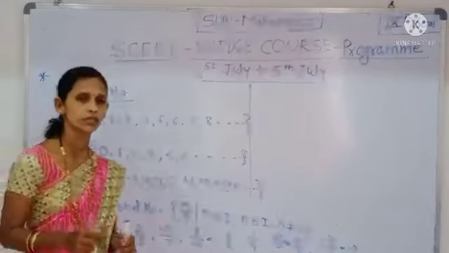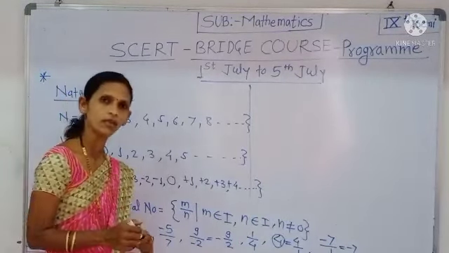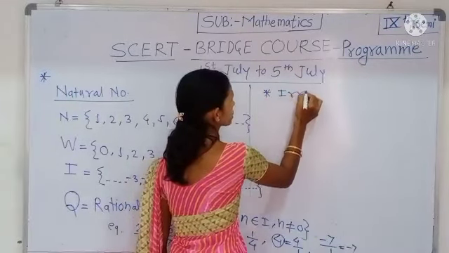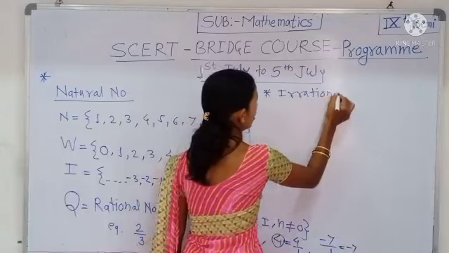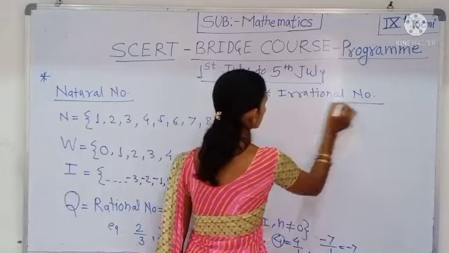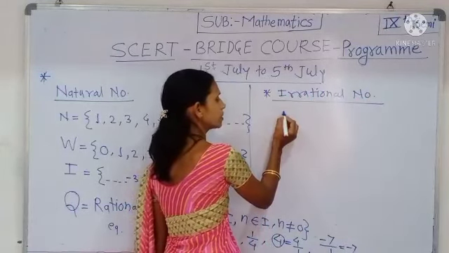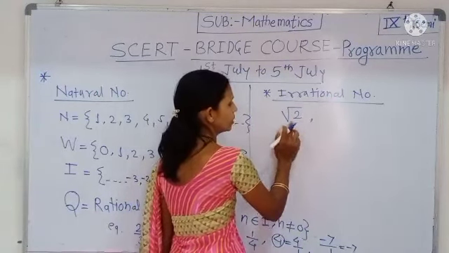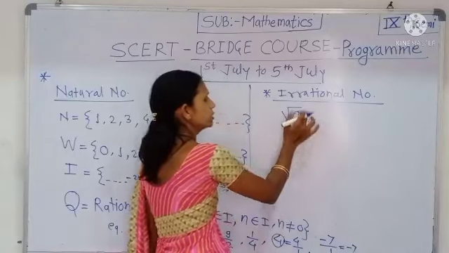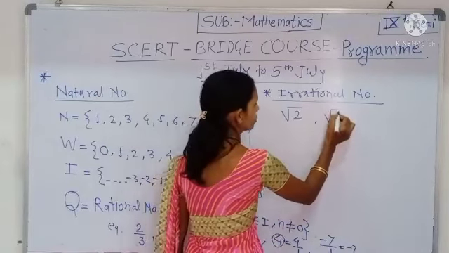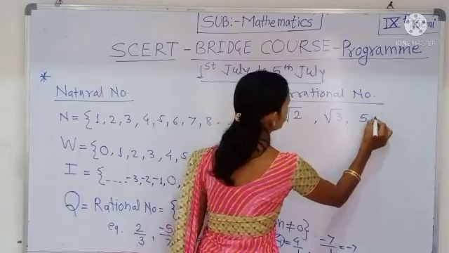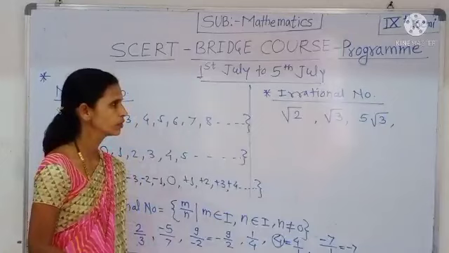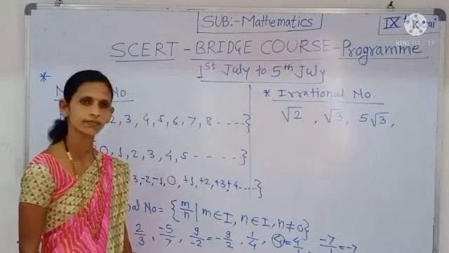There are a few numbers which are not rational. These are called irrational numbers. The value of root 2 is an irrational number. Root 3 and 5 root 3 are a few examples of irrational numbers.